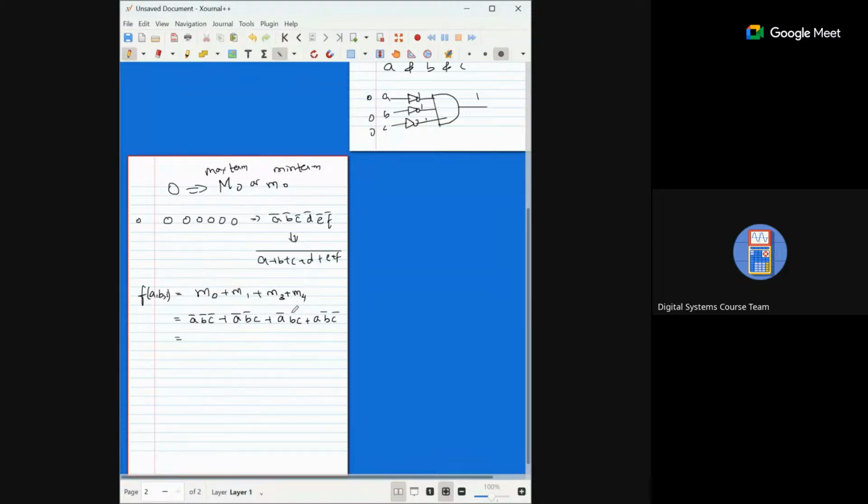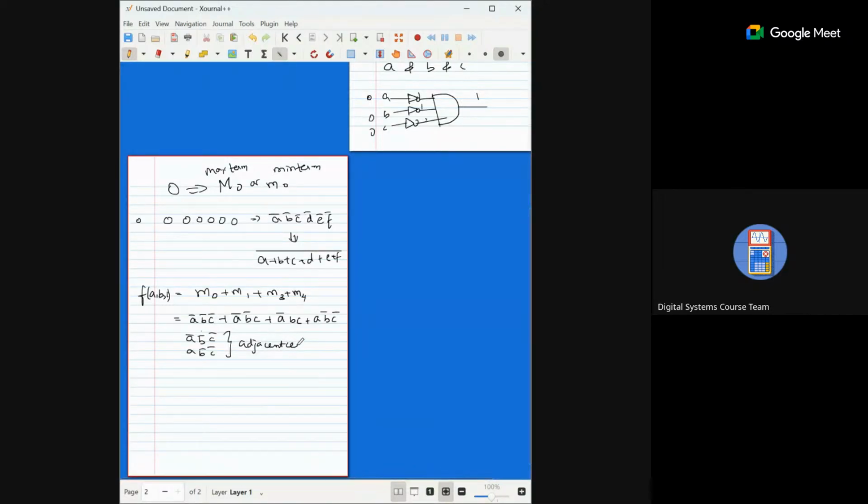Well, in this case, how can I simplify it? I can compare these two numbers. Do these two min terms have a single bit value change? Yes, sir. B bar, C bar are common, and A is the single bit value. So A bar, B bar, C bar and A, B bar, C bar are adjacent cells.